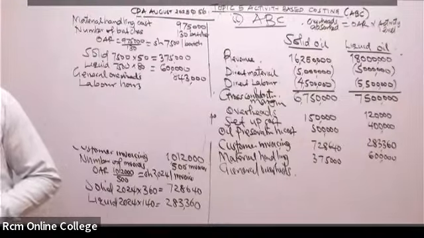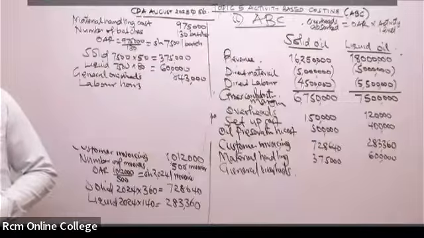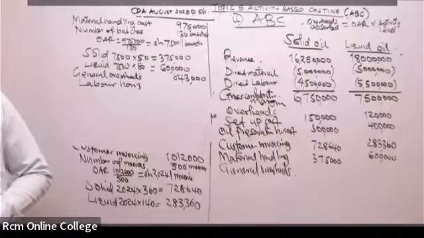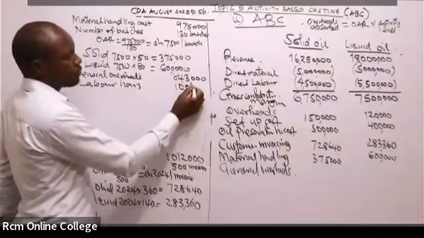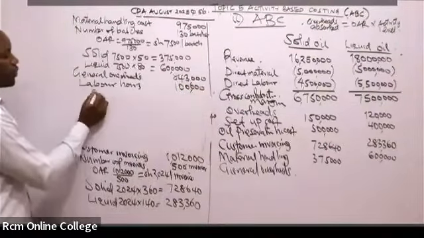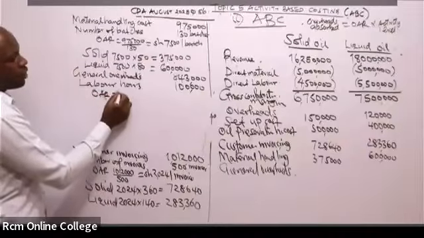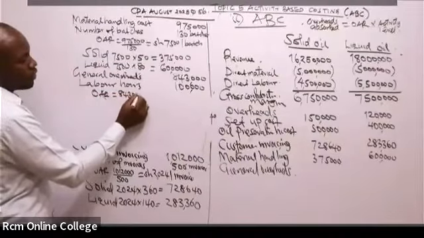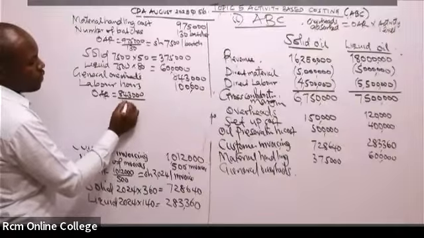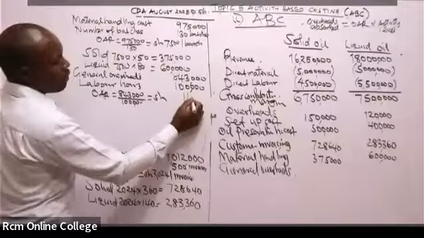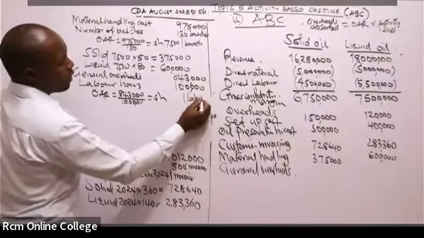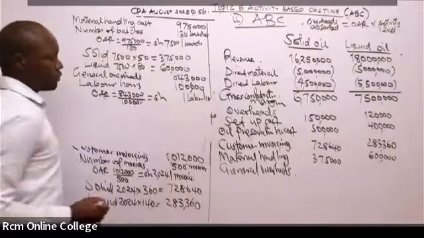Total labor hours, how many? For the two products or departments? 100,000. Overhead absorption rate is equal to 843,000 divided by 100,000, shillings per labor hour.